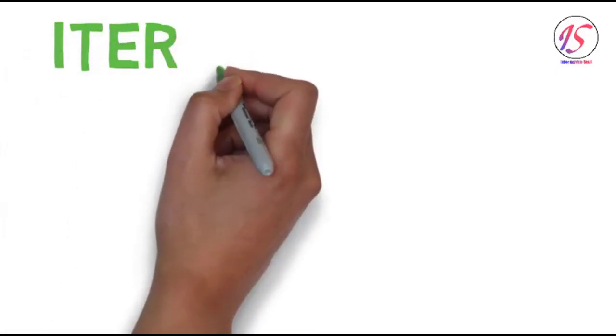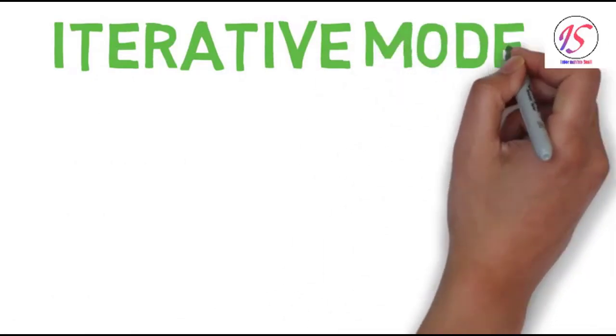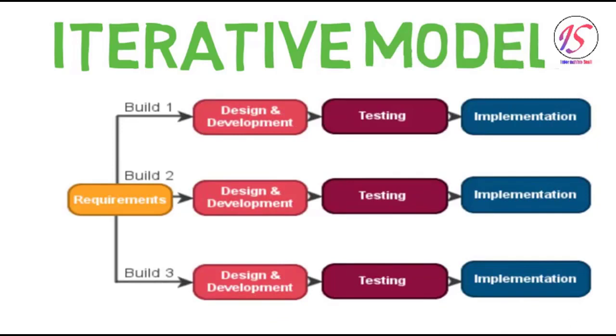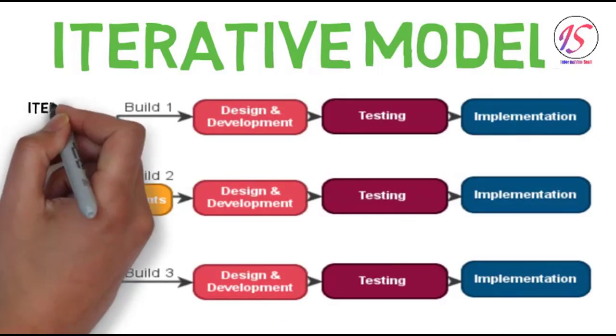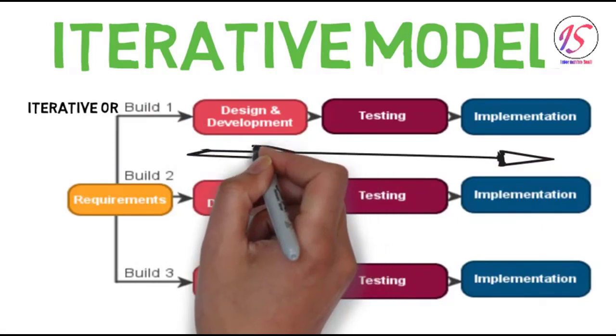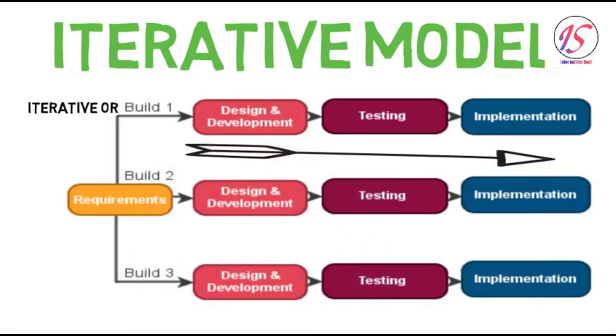We are going to discuss a type of SDLC model which is known as the iterative model. The basic idea behind this model is to develop a system through repeated cycles. Those cycles are known as iterations, and the system is built in small portions at a time, incrementally.